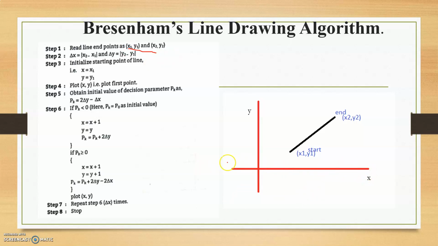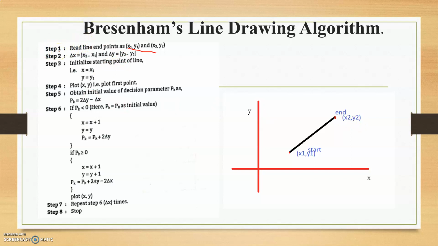This is our x-axis and this is our y-axis. The start point of the line, x1, y1, is given, and the end point of the line, x2, y2, is given.